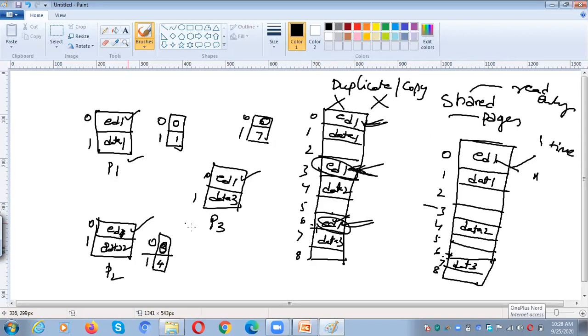If multiple processes have the same code like ED1, we need not keep them in the frames separately. Only once we keep it in the main memory, and all the remaining processes can use the same frame. Those shared pages are also called reentrant code, so that we can save the memory.